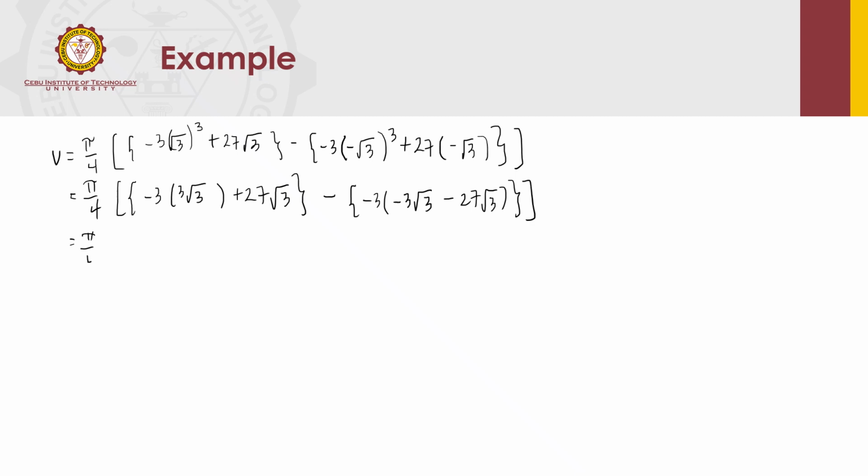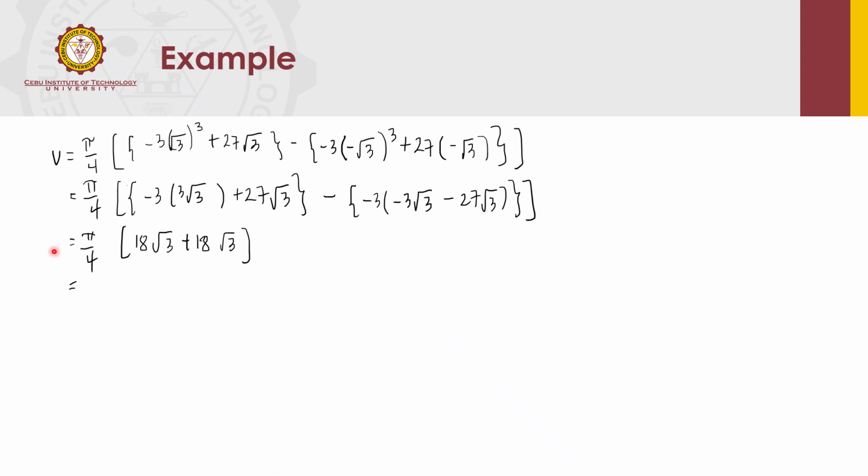Verify by using your calculator. So that's 27, this is negative 9 plus 27. These are similar terms, so that's 18 square root of 3 minus, this is positive 9 minus 27, a negative 18, minus negative 18, that's plus 18. That's 36 times square root of 3.